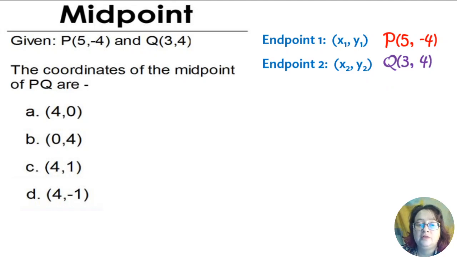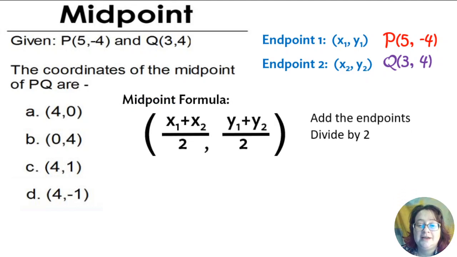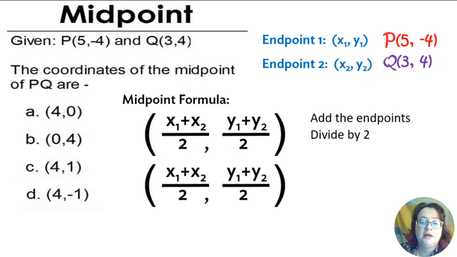Our formula for midpoint is to take our endpoints, add them together, and then divide by 2. So I take my x values, 5 and 3, add them together, and divide by 2. My y values, -4 and 4, add together and divide by 2. So I plug my endpoints into the formula.